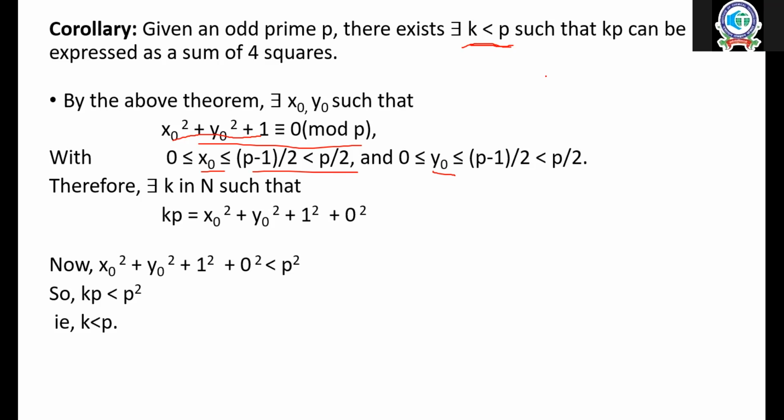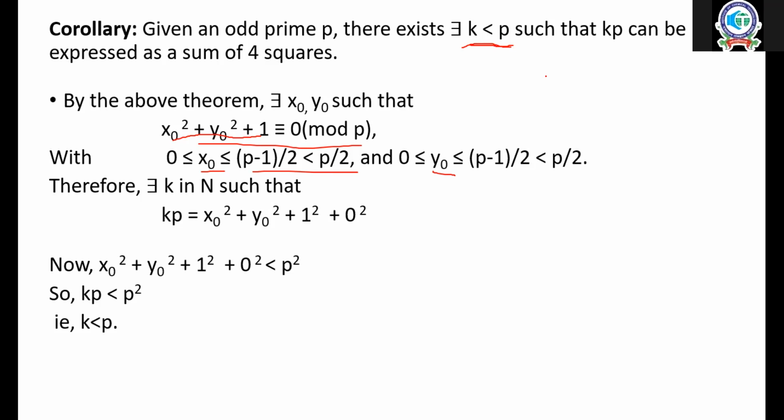The main thing they are telling is that given an odd prime p, any odd prime p, there exists a k such that kp is a sum of 4 squares. This is the main crux of the proof. As she rightly pointed out, our goal is to show that in fact I can find k equal to 1 also. So at least now there exists a k, but it means maybe 1, maybe 2, maybe 3, we don't know.